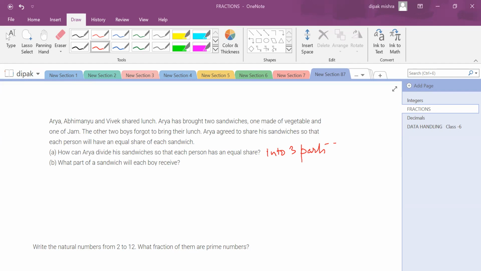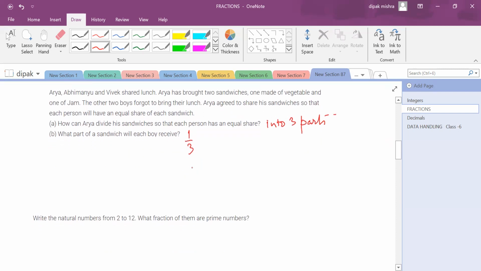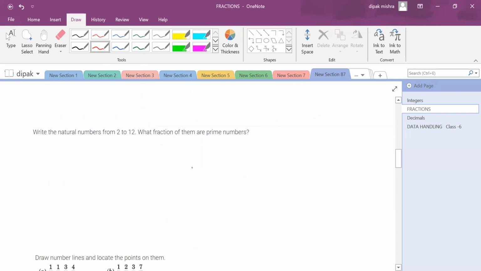How will you do this question? Think a little bit. Each sandwich, one sandwich has to be divided into 3 parts. So each will receive 1/3 of each sandwich, right? So it asks you about one sandwich.